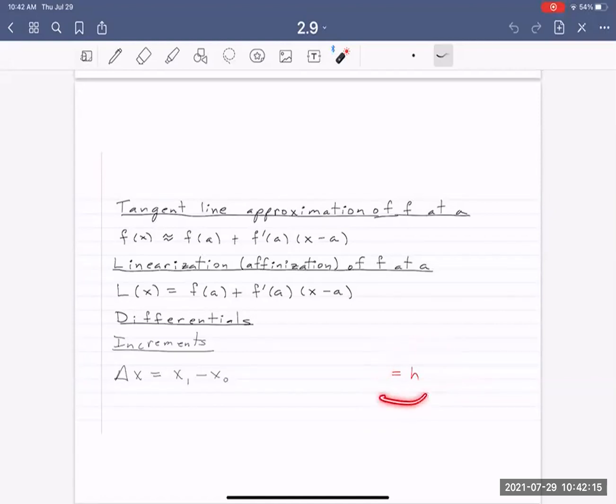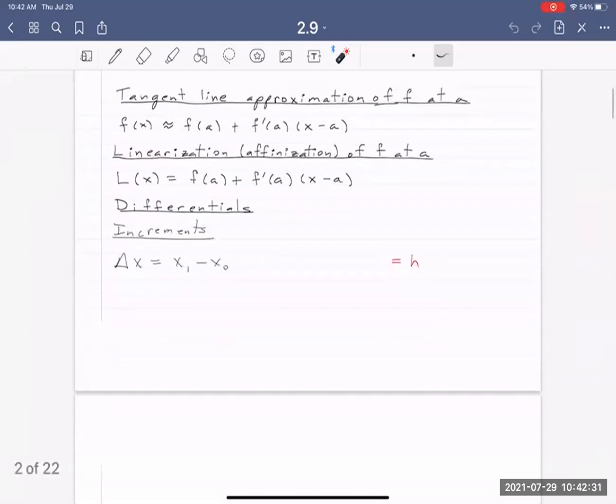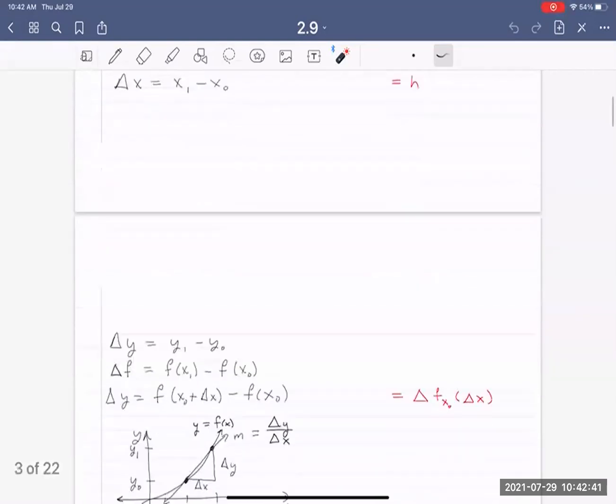It's our little increment that we're changing x by. They used to call these infinitesimals. We actually have no restriction on if delta x is big or small. Usually it's small, but there's really no restriction that it has to be small.